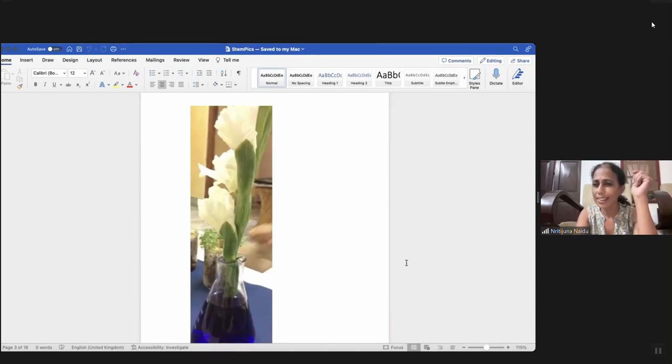It's gladioli, I think, or a celery stick, or a balsam plant. You'll get this at the florist. You need a stalk like this. You need a beaker like this.